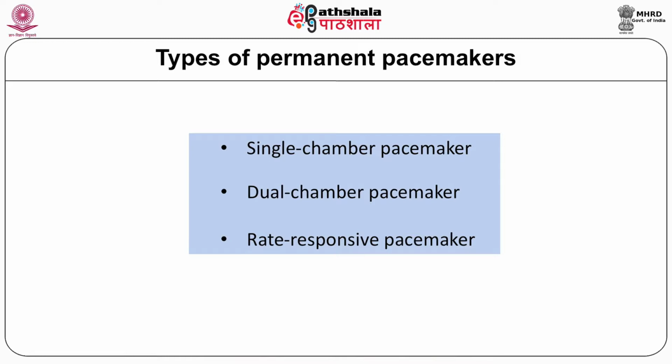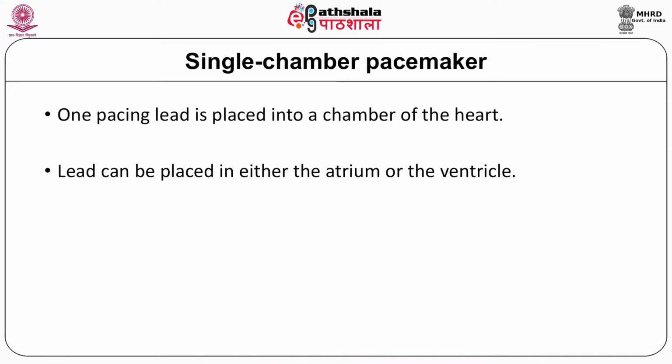Then let's discuss the rate responsive pacemaker. Here the changes in the patient's physical activity are detected and the pacing rate is automatically adjusted to fulfill the body's need. The components of a cardiac pacemaker have three important parts. One, the pulse generator, which is an implantable device. Second, leads that connect this pacemaker system to the heart.